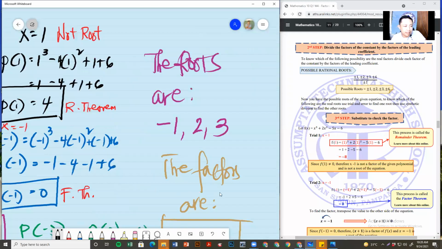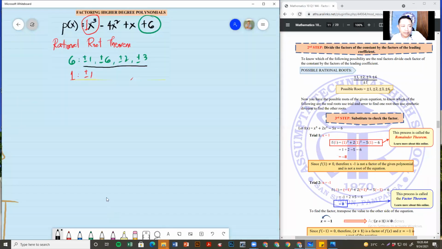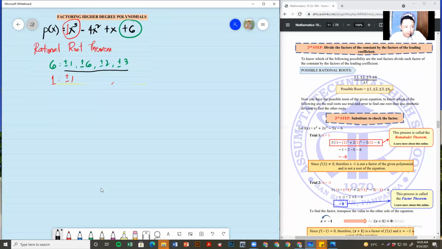But di ko na-copy si possible roots. I'll just write them again here. The possible roots, PR na lang, which are positive 1, negative 1, positive 2, negative 2, positive 3, negative 3, positive 6, negative 6.